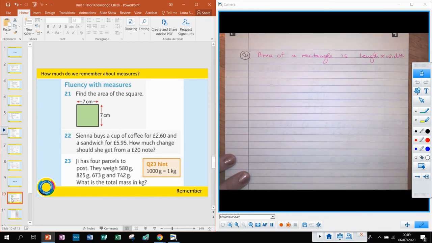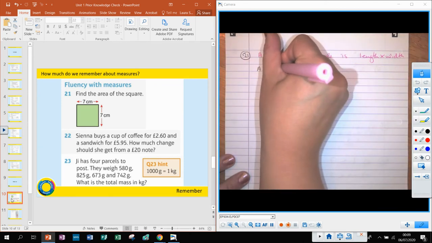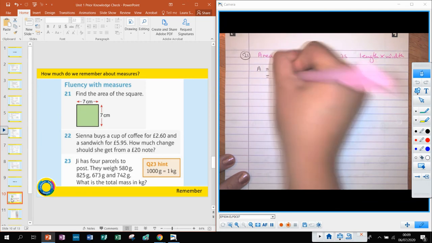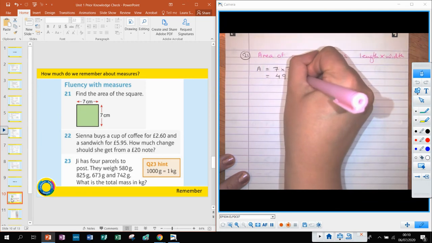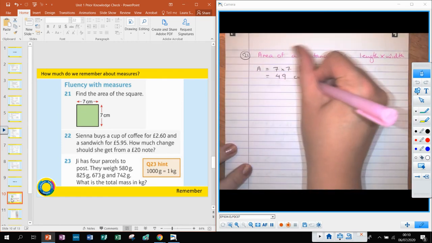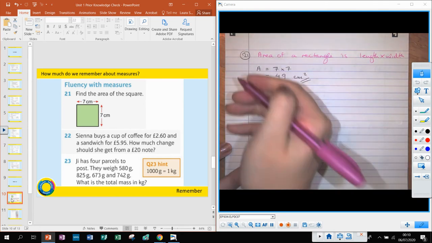It's just a special type in that all the sides are the same. So for this question, area would be equal to 7 times 7, which would be 49. But remember your units because it's area, so it's squared. So that's 49 centimeters squared. Final answer. That's question 21.